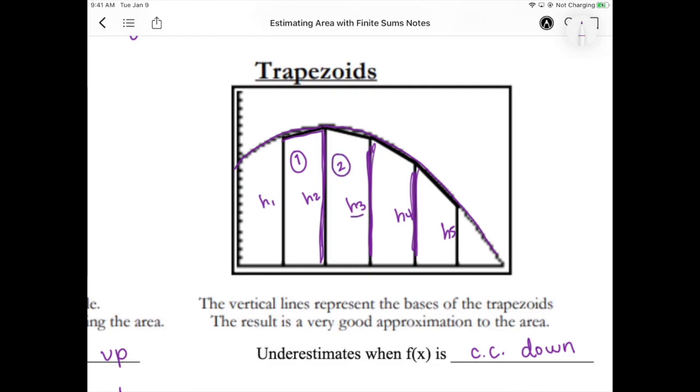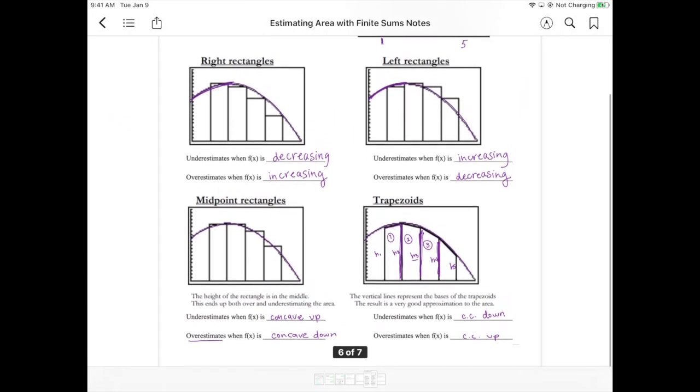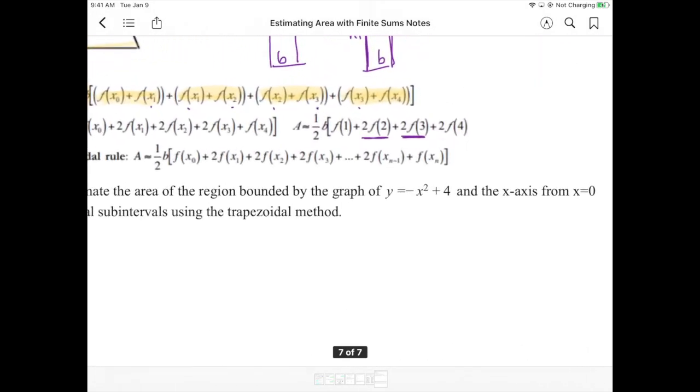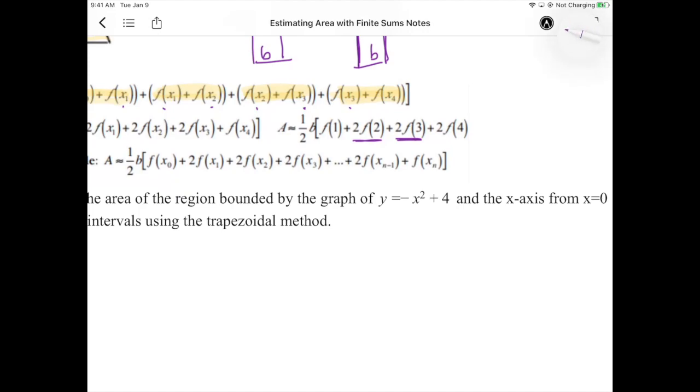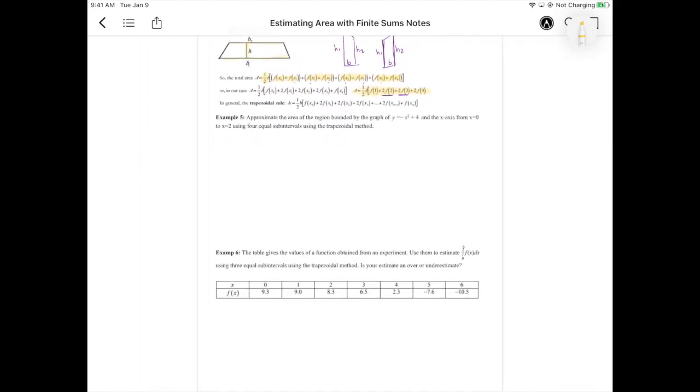And then H3 gets added for the second trapezoid as well as the third. So all of these middle heights end up getting added twice, which is why we can kind of simplify our equation to look like this one right here. Okay? And that is the equation that I'm going to be using in the next 2 examples.